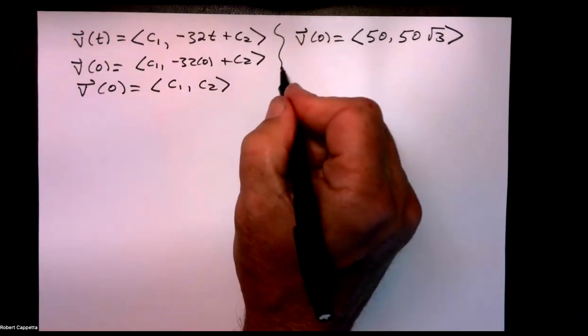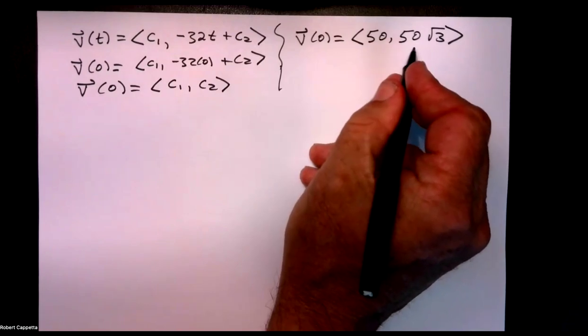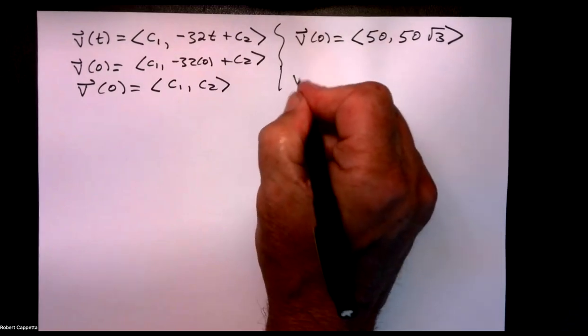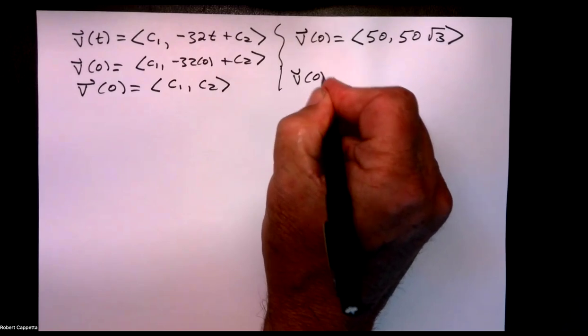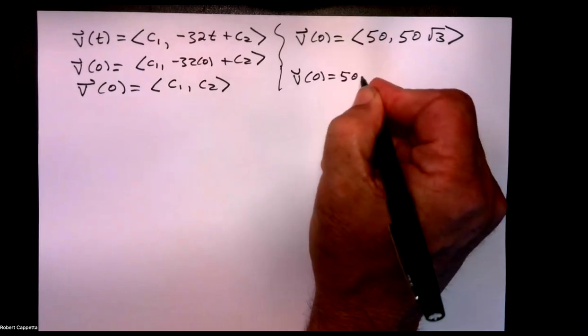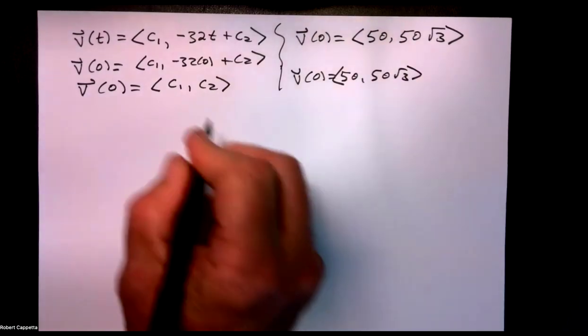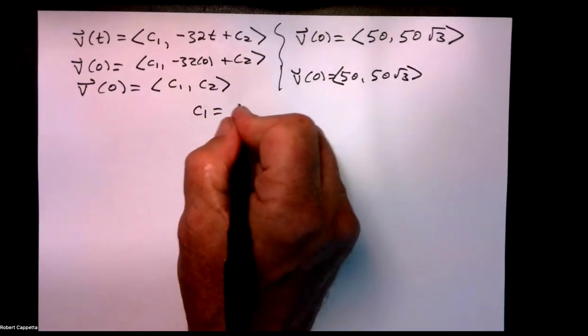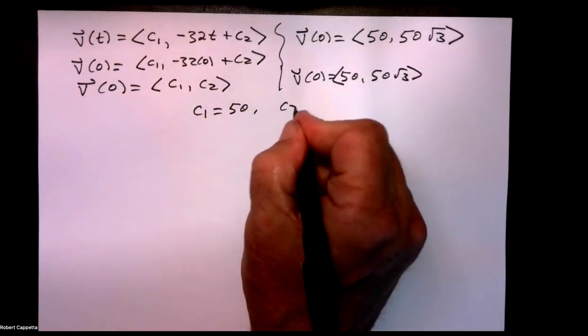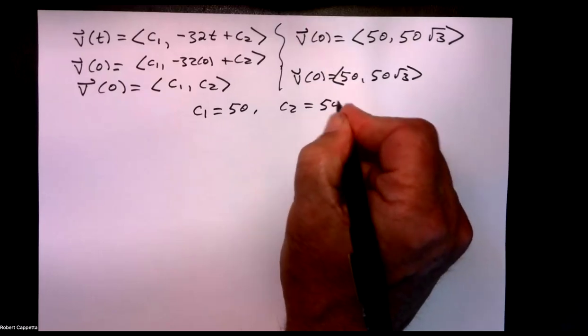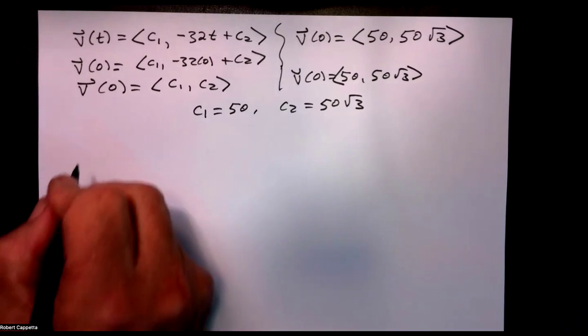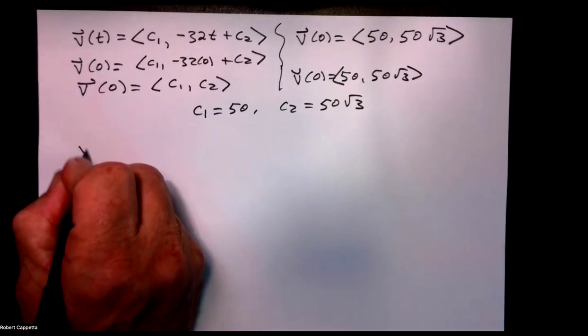But my velocity at time 0 over there was 50 comma 50 root 3. So we see these things have to equal each other, which would then tell me that c1 has to be 50 and c2 has to be 50 root 3. So it enables me to determine the velocity function of this projectile motion.